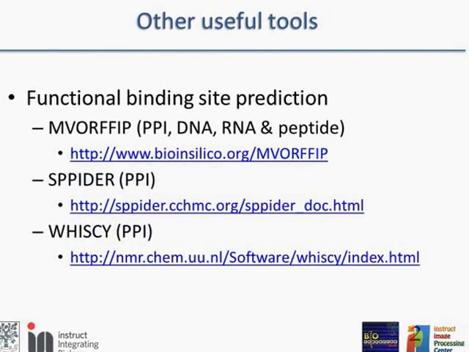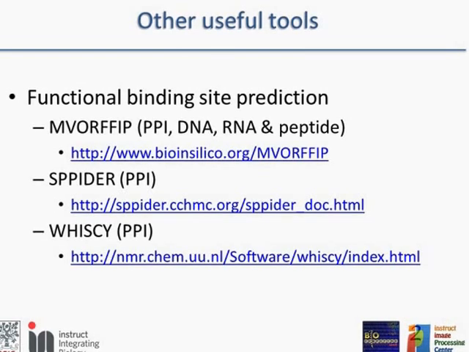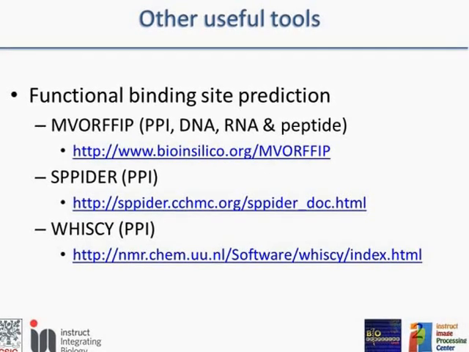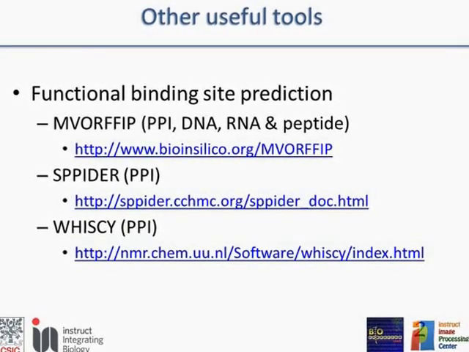Okay, and also we can use functional binding site prediction. For example, we showed a case at the beginning where a complex was interacting with DNA. So we have servers to predict binding site regions with DNA, protein-protein interaction, and peptide interaction. We have these three web applications.